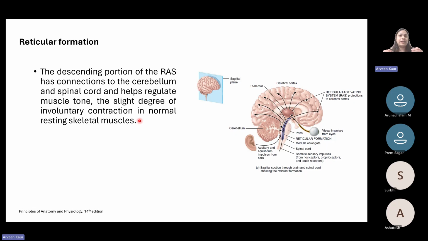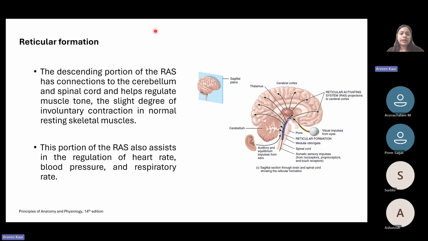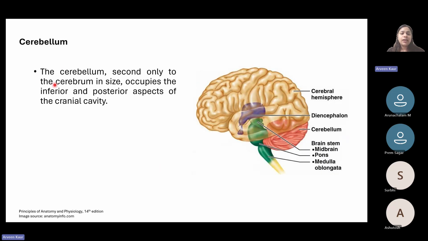Otherwise, when we have to wake up, that solid muscle contraction cannot automatically occur, right? It has to be at a basal level of muscle tone that needs to be present. So that is also coordinated by RAS or reticular formation. This portion of RAS also assists in the regulation of heart rate as well as blood pressure and respiratory rate.